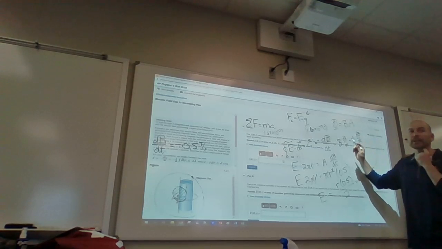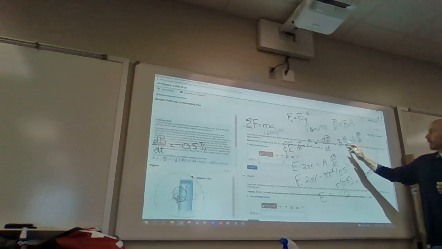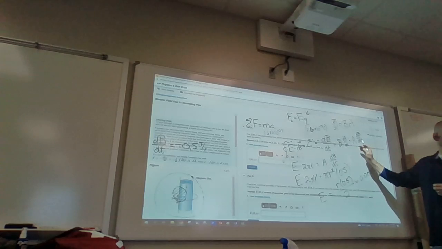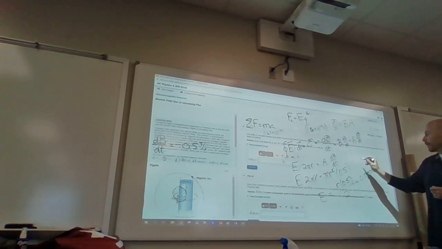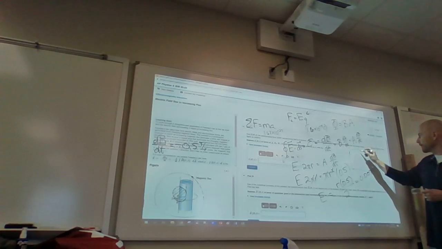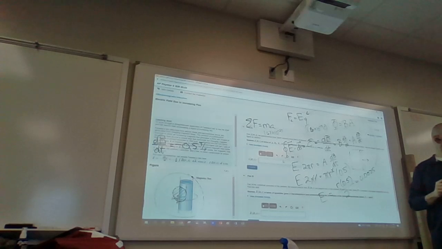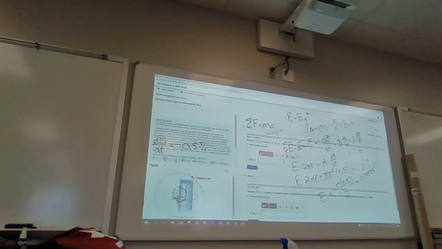Okay, usually in this class, it's one or the other. Either you have a constant magnetic field and the area is changing. For example, if you have your simple model of your generator and you're pulling it this way, the magnetic field is constant, but the area is changing.